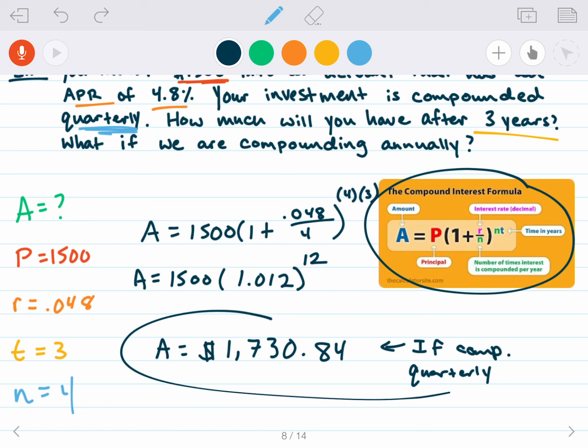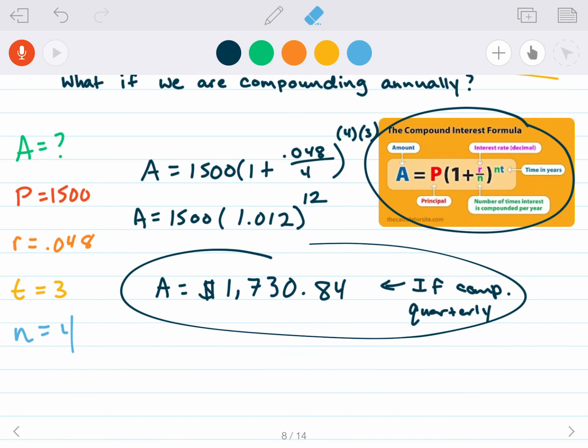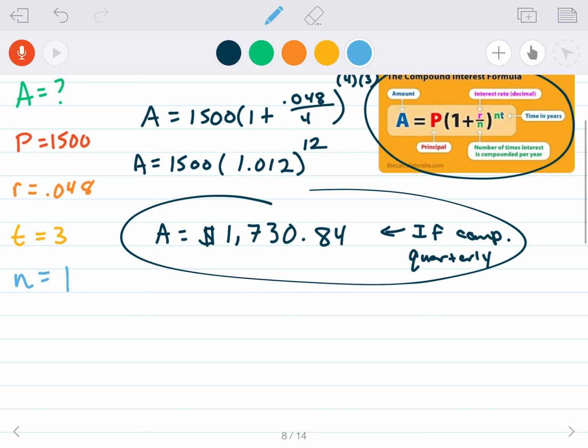Well, all we have to change is the n value. Annually means once a year, so n is equal to 1. We plug in the same values, except this time n is equal to 1. So we have 1,500 times 1 plus the interest rate divided by 1, all raised to the 1 times 3.